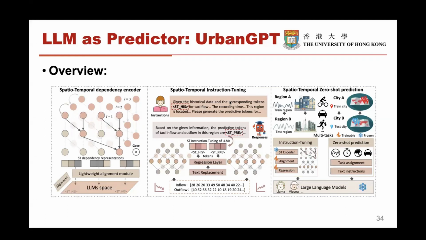Based on the spatial temporal data and the text information, the model produces its answer according to our instruction, such as predicting the next 12 steps of the bike or taxi data. Okay, thank you. Very cool.